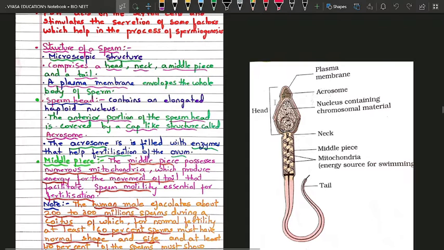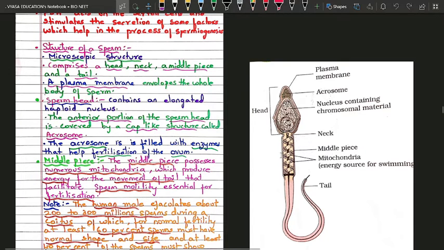Middle piece. The middle piece possesses numerous mitochondria which produce energy for the movement of the tail. So the tail has to move, isn't it? Mitochondria, we say, is the powerhouse of the cell.